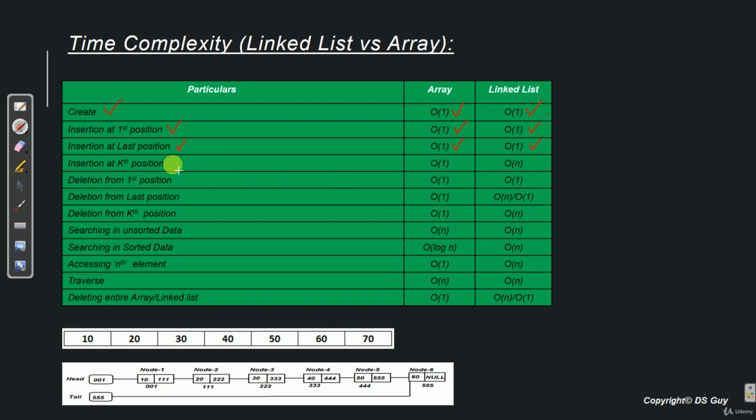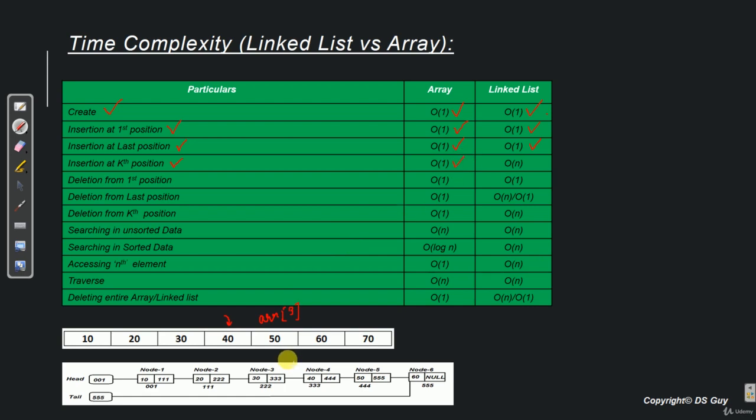Now insertion at a kth position. In this case, array wins over linked list. So let's say if we want to insert a value at the third position, then in case of an array, we can directly go to ARR 3 and insert our value. So this will take order of 1 time.